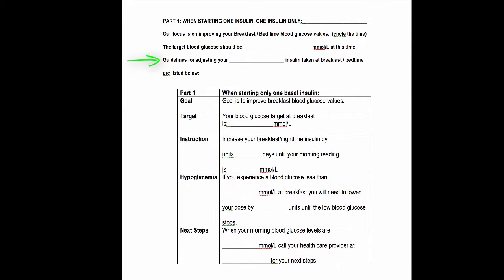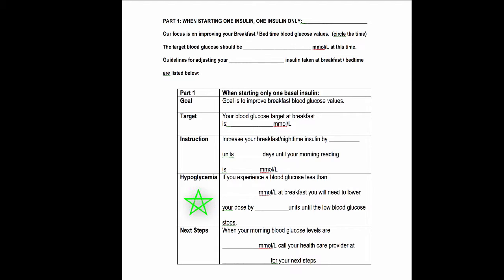So guidelines for adjusting your insulin taken at breakfast or bedtime are listed below. So you would write in the name of their insulin. So part 1, when starting only one basal insulin, the goal is to improve the breakfast blood glucose values. Your blood glucose target at breakfast is, and you want them to write that in, and increase your breakfast or nighttime insulin by how many units, how many days, until your morning reading is whatever the target is you've set.